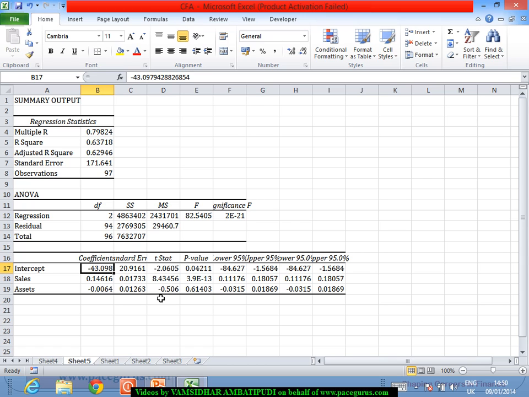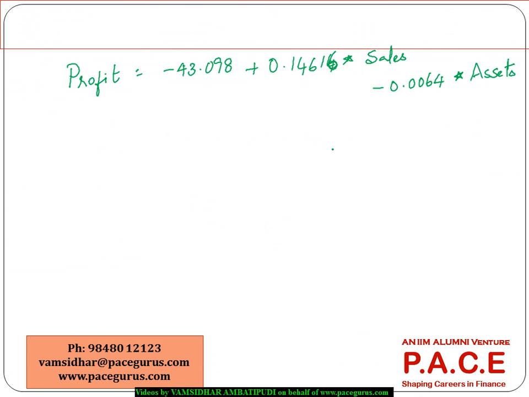Minus 43. If my independent variables are 0, for a company which has generated 0 sales and which has 0 assets, I can very well say their profit would be minus 43 units, which means they are going to generate a loss.